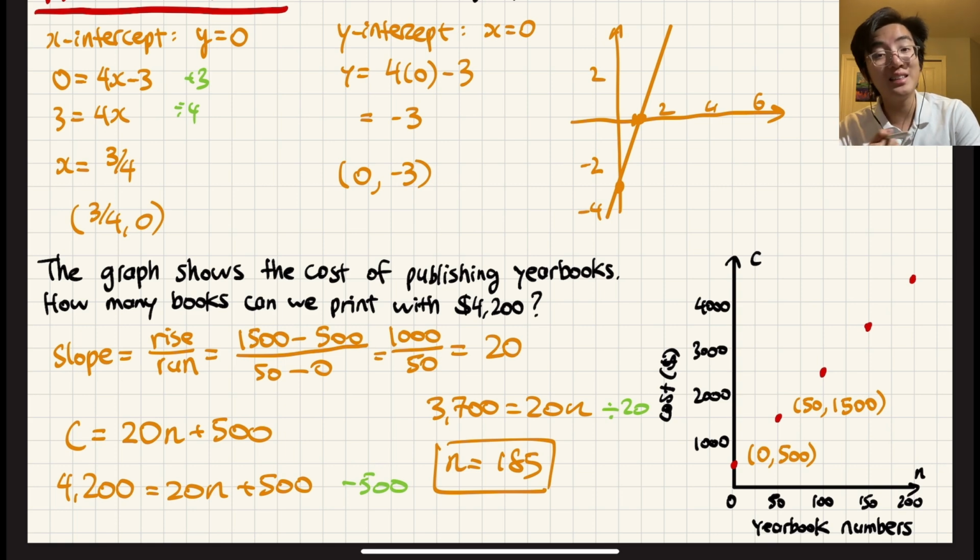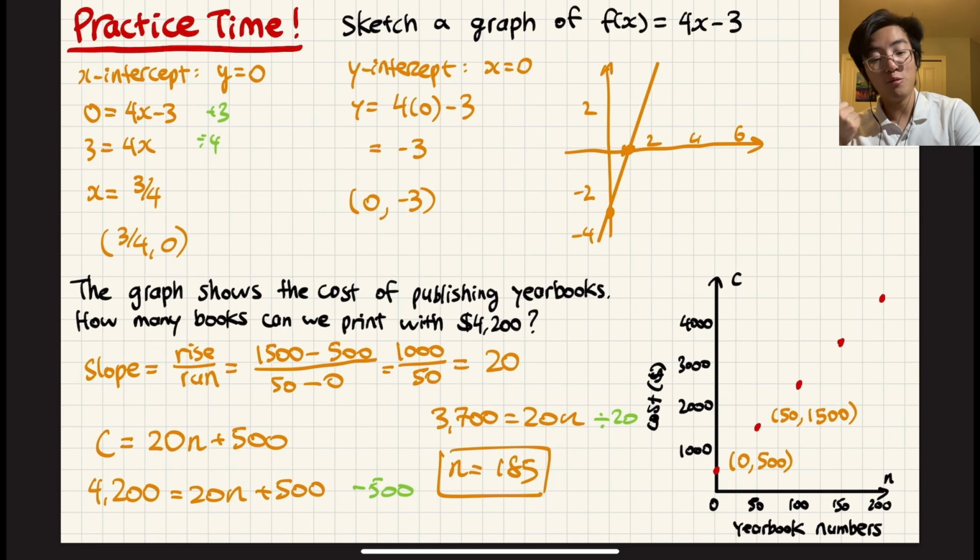As you can see, this is the reason why we actually care about finding the slope. With the slope, we can come up with an equation like this to help us figure out graphs where there's no line to be connected. The reason there isn't a line here is that we just cannot have half a yearbook.